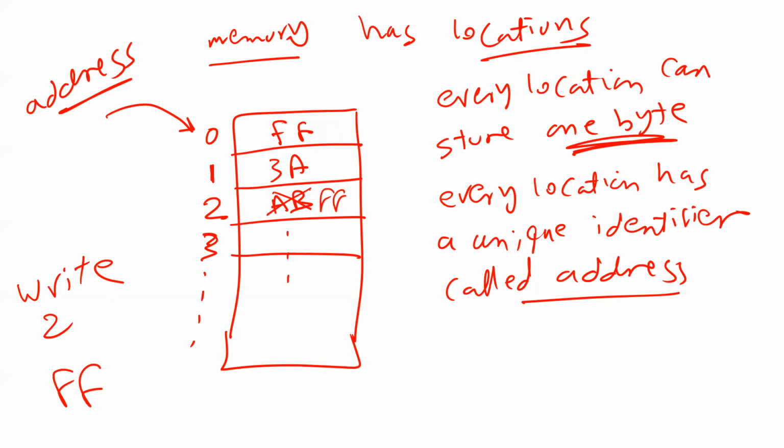It's the same thing as a variable in C language, which stores a certain value. For example, x equals 2, and after that I say x equals 7. So 2 is gone, right? Because I stored 7.